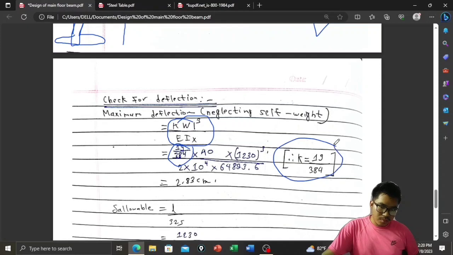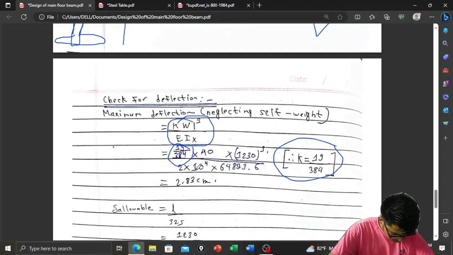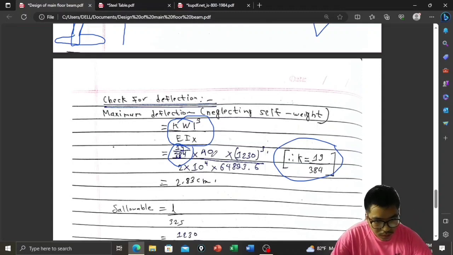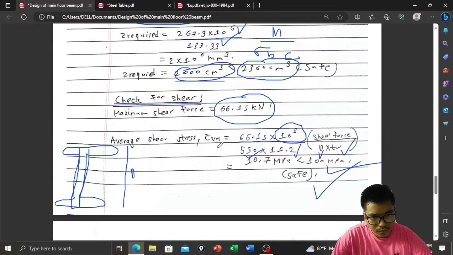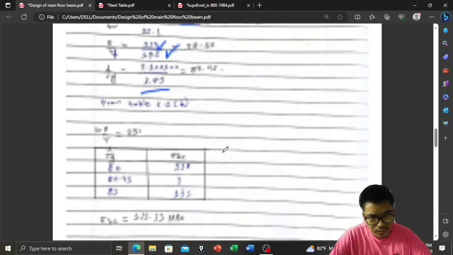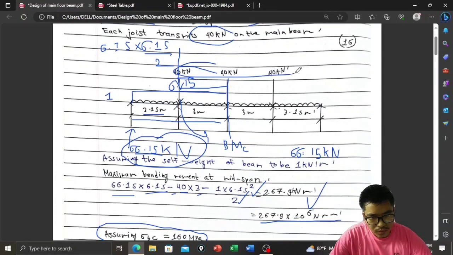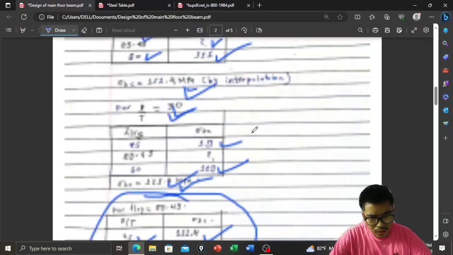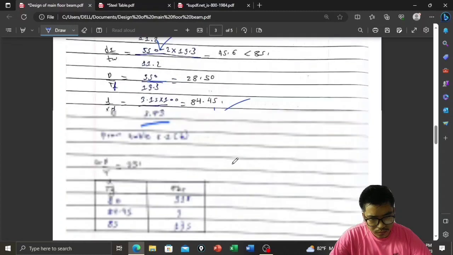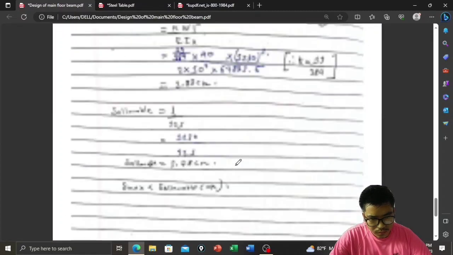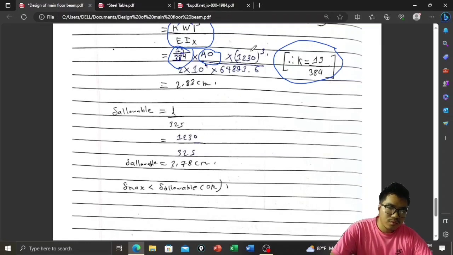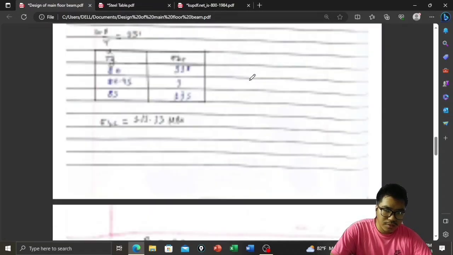You have to remember 19 by 384. W is 40, and L is 1230 millimeter.